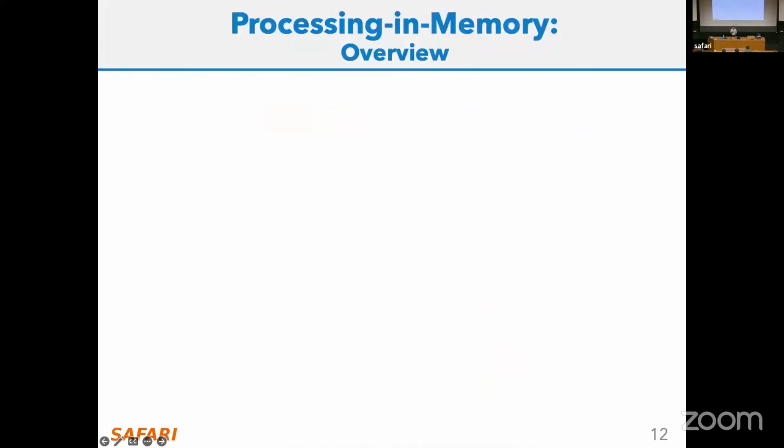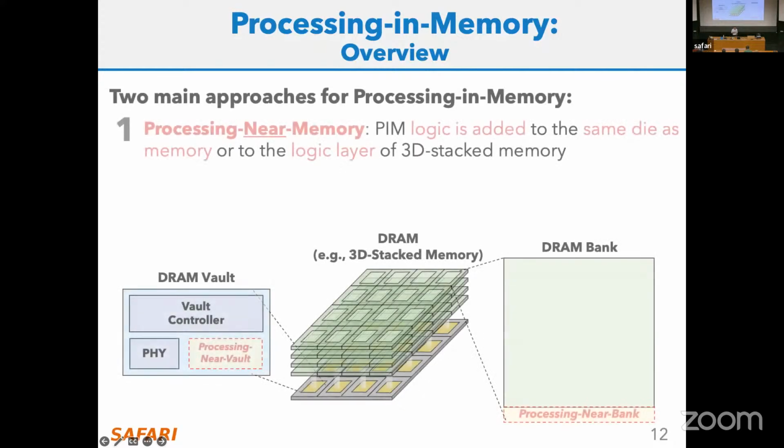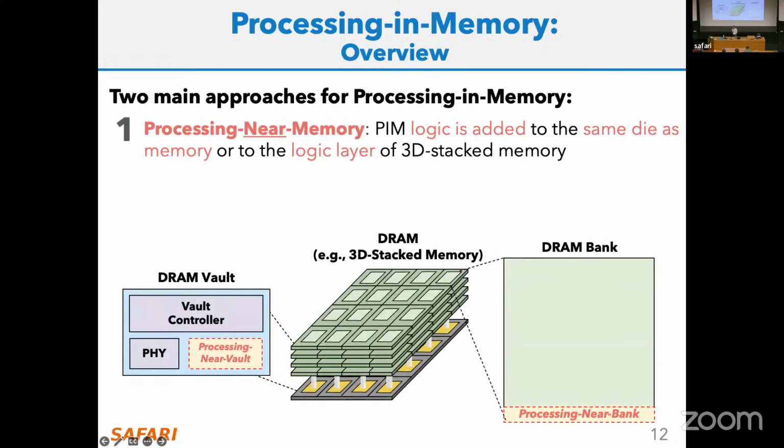And just as a reminder, we classify these memory-centric architectures into two different sets. The first one is what we call processing near memory, where we just move the computation, the way that we do right now with regular logic, closer and closer to the memory device itself. We start by, for example, moving the computation from the core to the memory controller or near the caches.